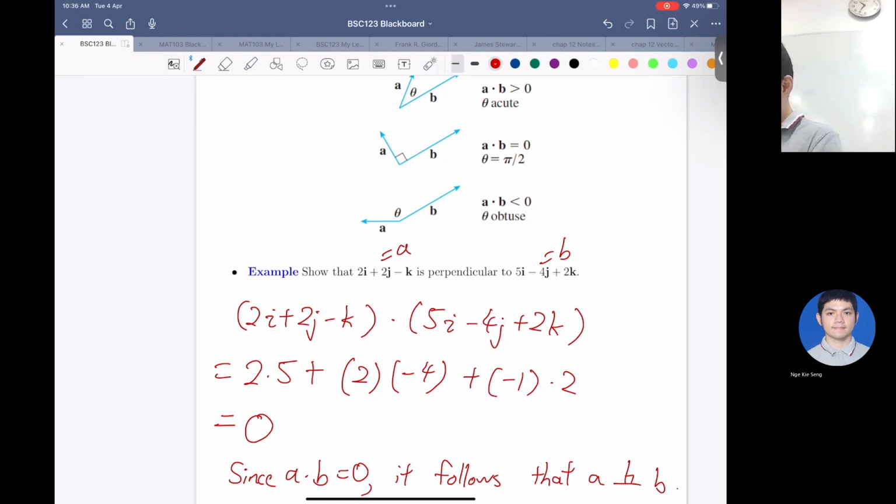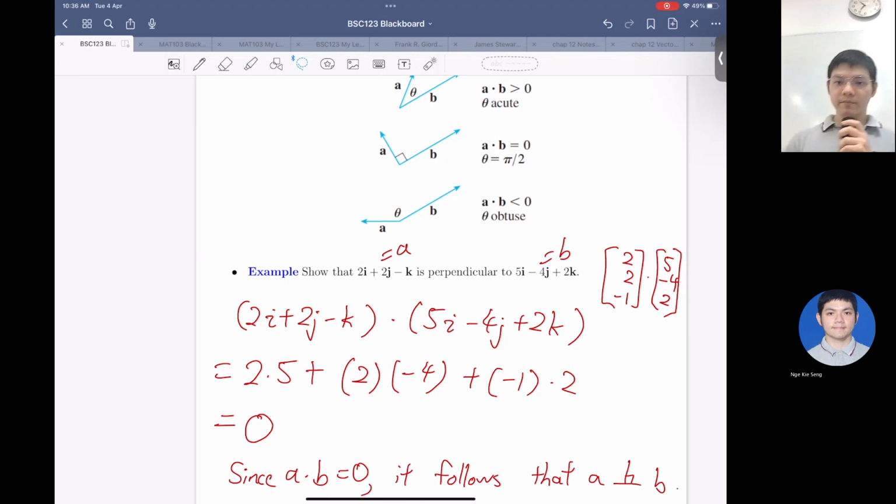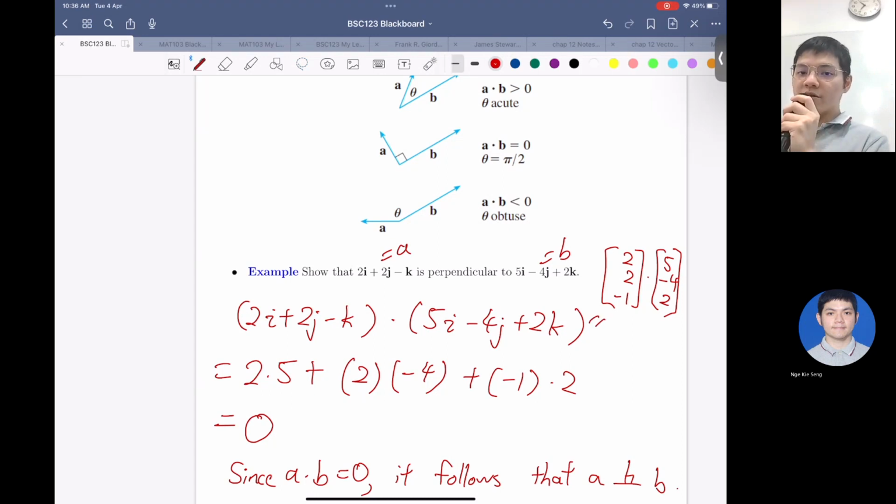You also can write it in the form of 2, -2, -1 if you want to see it in this way, also can. So in your mind, you should be able to switch between column vectors and this ijk. Okay.